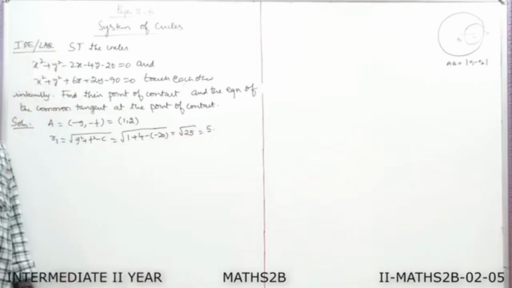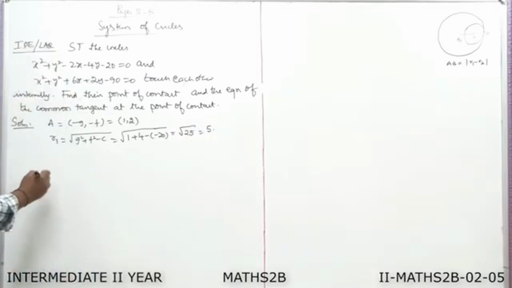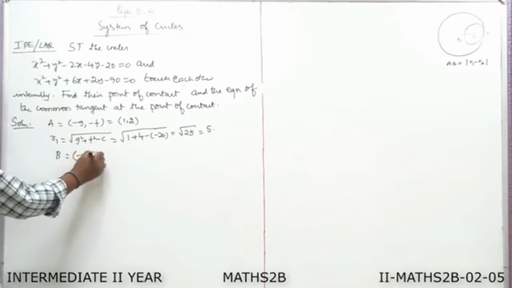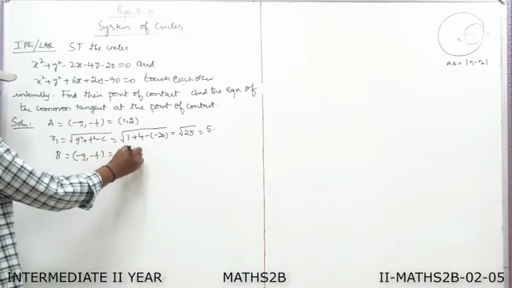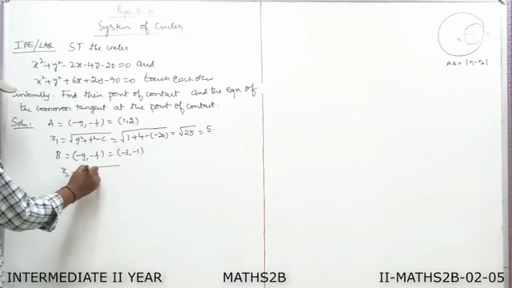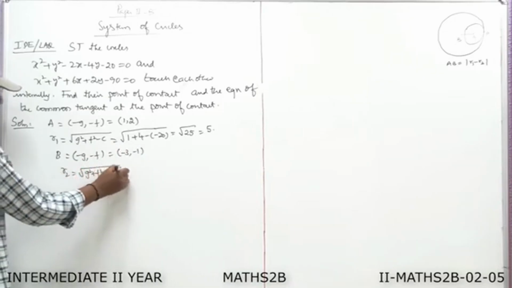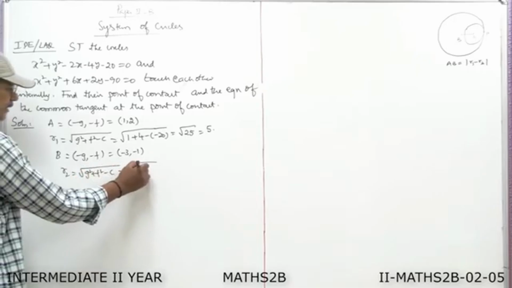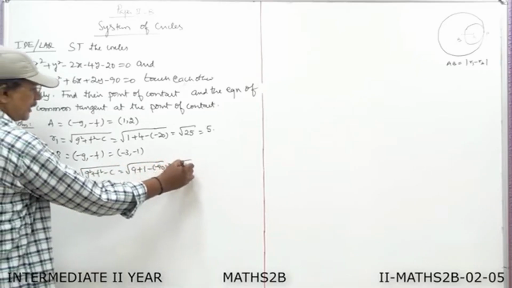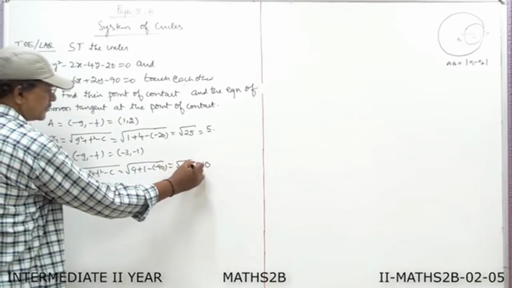Like that, we find the center of the second circle, B, with the same formula minus g comma minus f, that is minus 3 comma minus 1, and radius is root of g square plus f square minus c, root of 9 plus 1 minus of minus 90, that is root 100, that is 10 units.